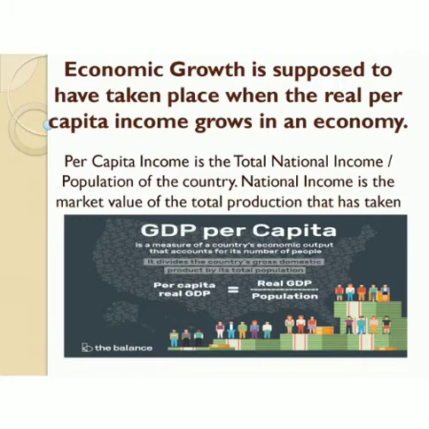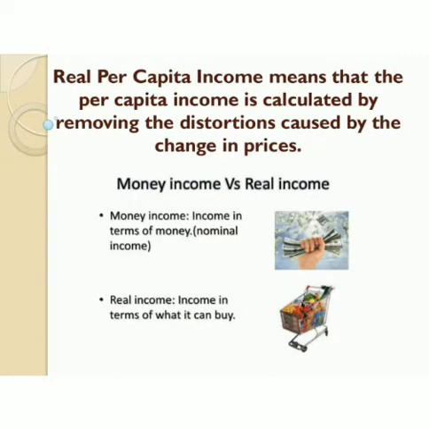Now, not only do we look at the income per person, but we also look at the real income per person, because there are two types of income. One is real income and one is your money income. Money income is seen only in terms of money. It means how much money you have with you.